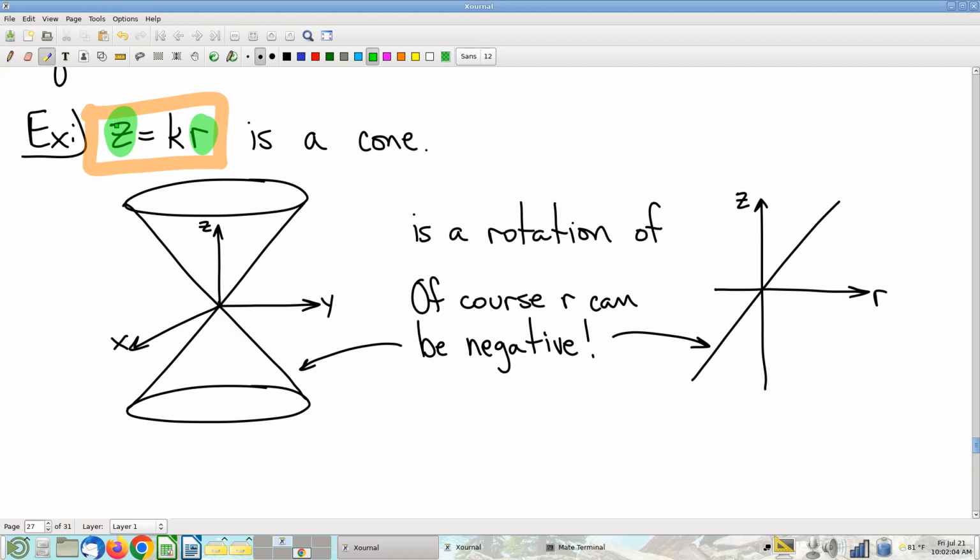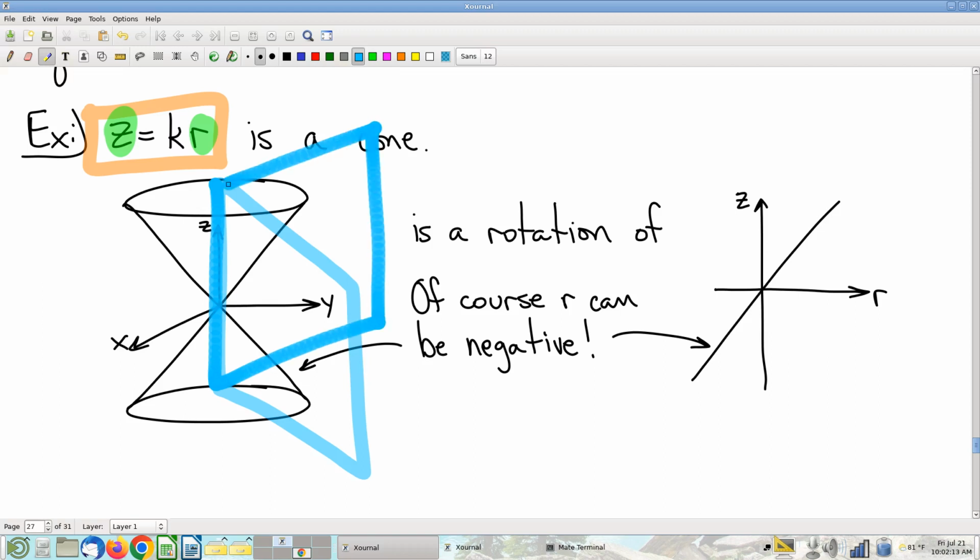No thetas. And what that means then is this shape, whatever it is, whatever theta is, doesn't matter. All these different values of theta, all these different half-plane cross-sections, you might say, they're all going to have the exact same equation within those cross-sections. z equals kr. And z equals kr is really easy to write down.